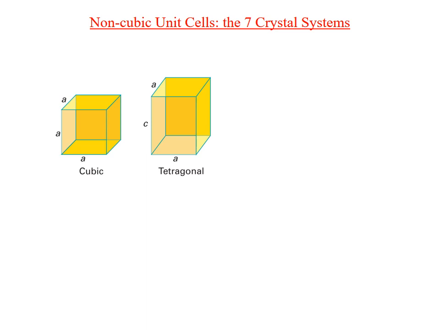So the simplest thing we can do to that is just stretch the cube in one direction. This is called a tetragonal cell. It has two equal side lengths and one unequal one, and all the angles stay at 90 degrees. Next we have the orthorhombic cell. This has 3 different side lengths, but it still retains all 90-degree angles.